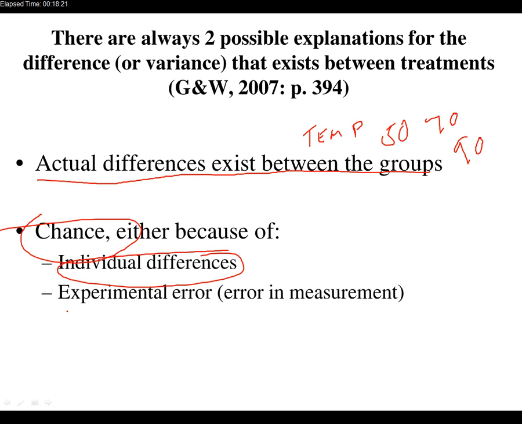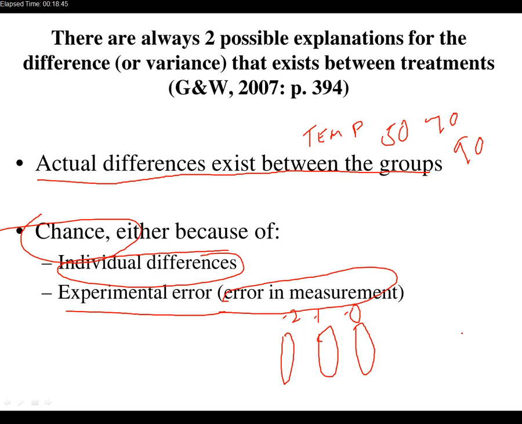And then the other thing could be experimental error. Let's say we got 3 thermometers, and this one is 2 degrees off, this is 1 degree off, and this is right on the money. So it's going to give us mismeasures, so that's experimental error or error in measurement. That is something else that could affect our data.